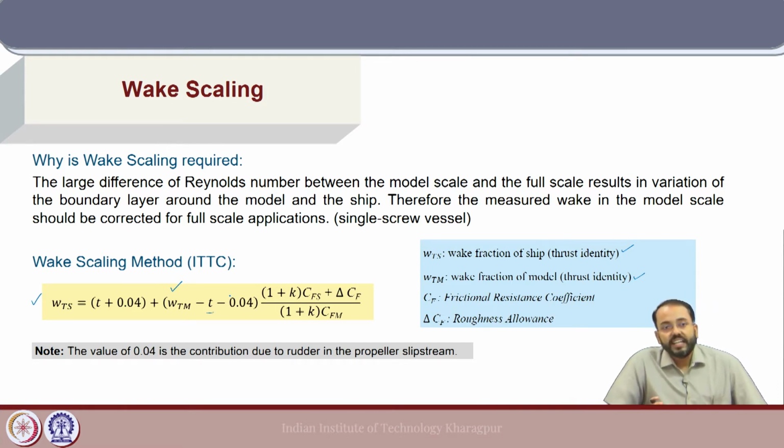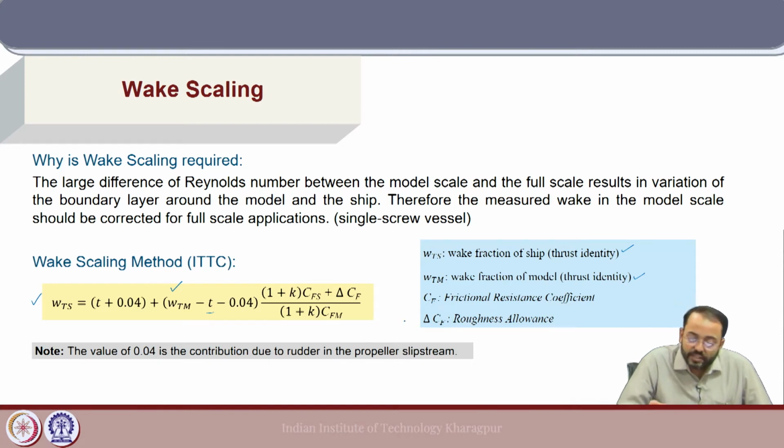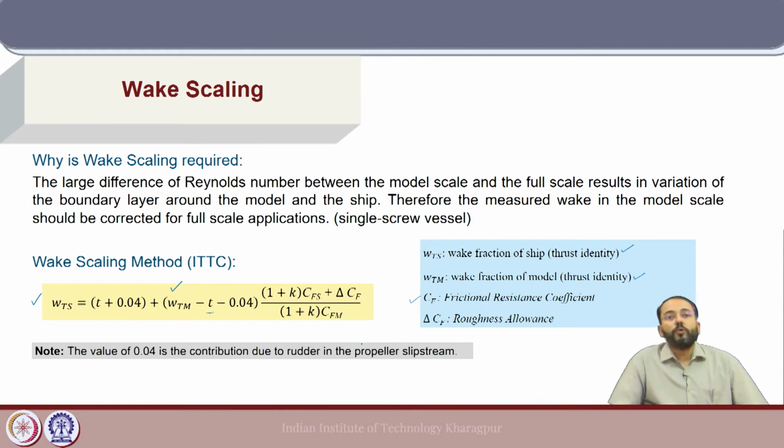Because of that, a value of 0.04 is estimated based on certain correlation, and this is used as a constant in this particular relation, and again it is related to the frictional resistance coefficient CF in both the model and full scales along with the roughness allowance, because that is the major impact due to the change of Reynolds number between the model and full scale.